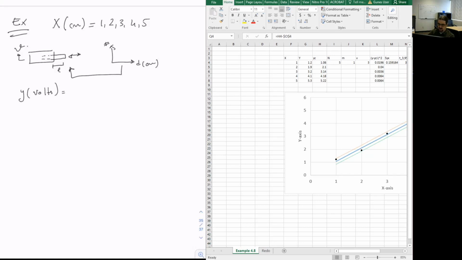Okay, and then it was 1.2, 1.9, 3.2, 4.1, and 5.3. The question here is what is YC, and also find the standard deviation SXY, I'm sorry, and then R square, and also your confidence interval.